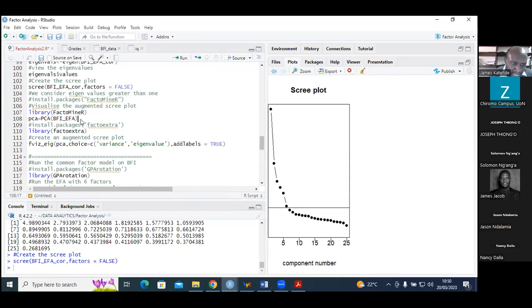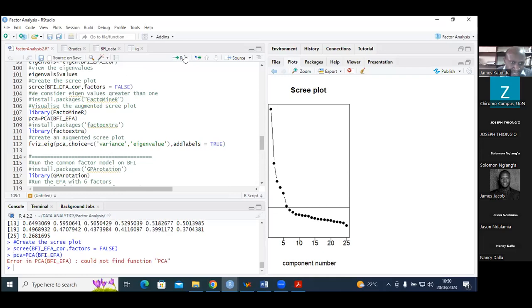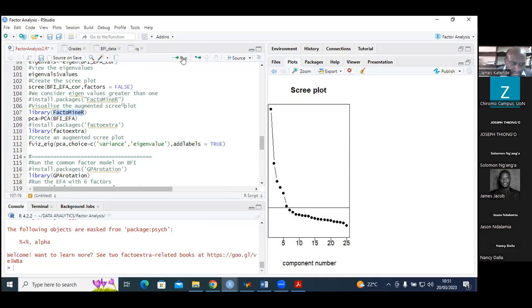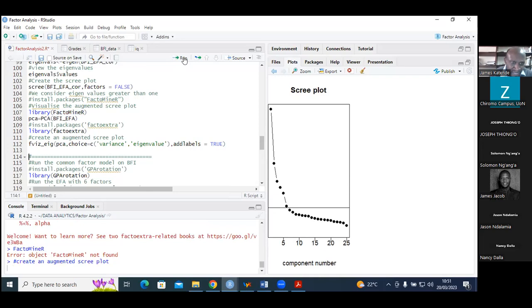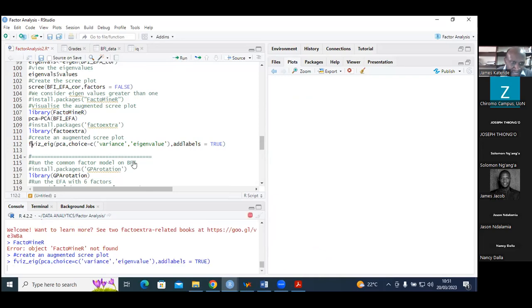Now you can also visualize the eigenvalues differently using this FactoMineR package and this command that comes after that. This command here will give you a different way to visualize the eigenvalues, but it gives a percentage of the variation that is explained.